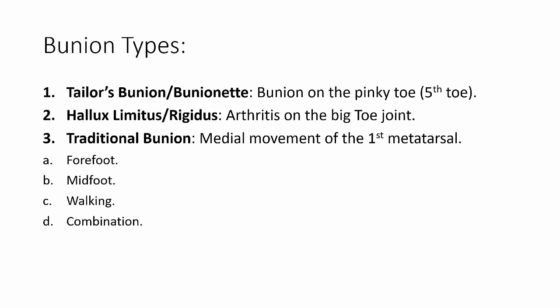Many people who think they have bunions might have hallux limitus, hallux rigidus, which is more of a buildup of bone, whereas a traditional bunion typically has a medial movement of the first metatarsal. That means that the bone that goes from the arch of the foot to the base of the big toe moves toward the arch of the foot. And then typically the big toe compensates by moving into or toward the second toe.